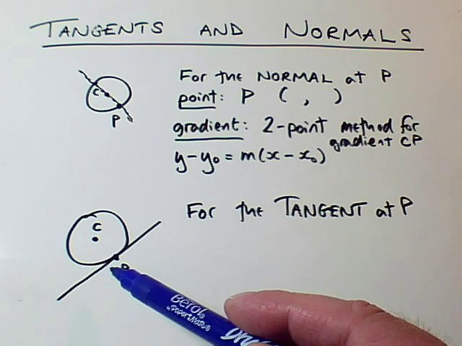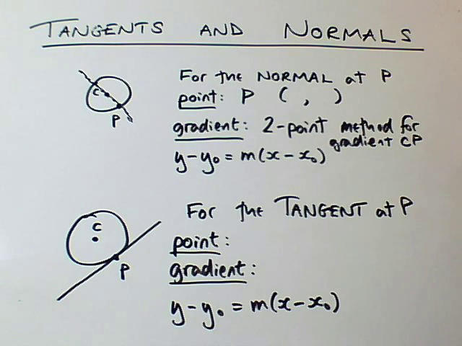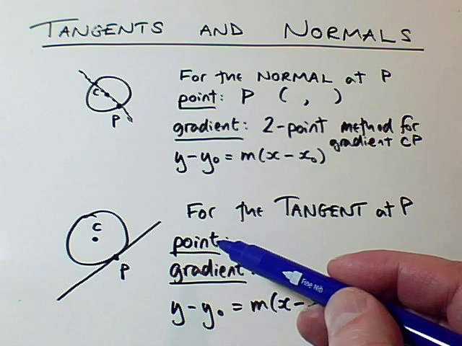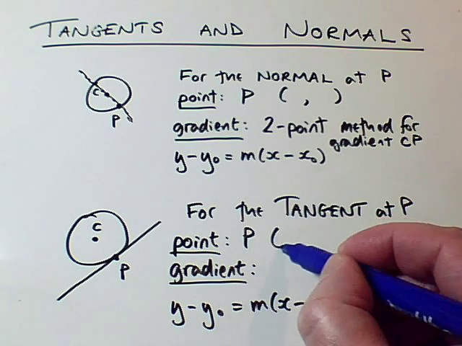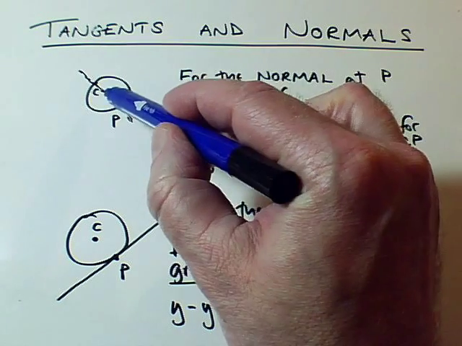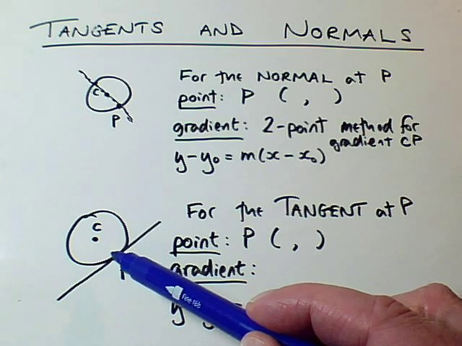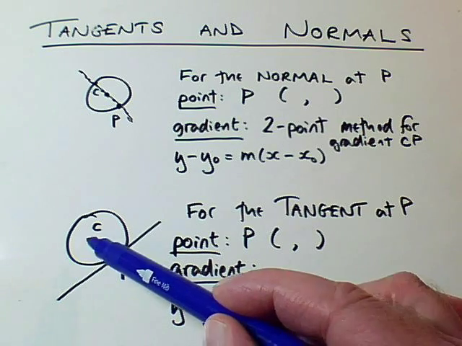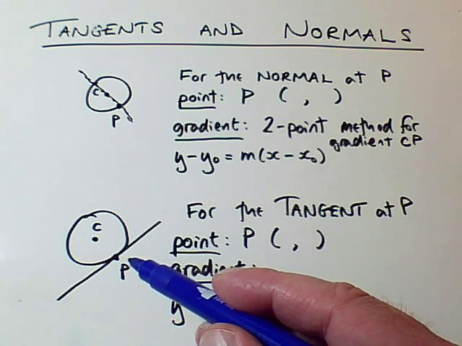And for the tangent at the point P, well, once again it's a straight line, so I'll be using y minus y naught equals m times x minus x naught, and I need a point and a gradient. And once again I can use the point P, whatever the coordinates of P are. For the normal, because it went through C as well, I could have used C, but I said use P. For the tangent I have to use P, okay, because it doesn't go through C. Okay, for the gradient I've got to get there now in 2 steps.